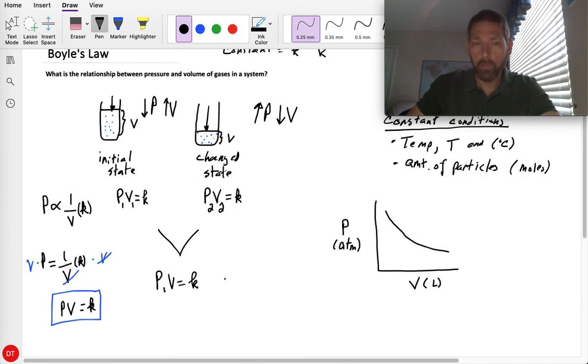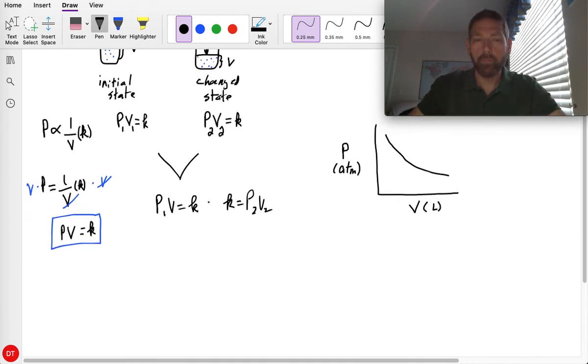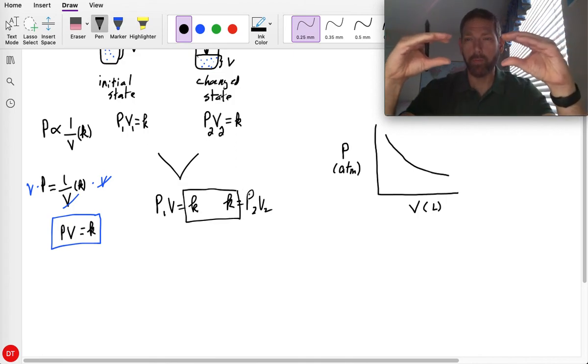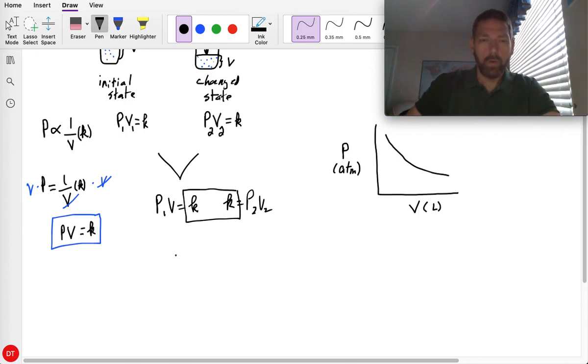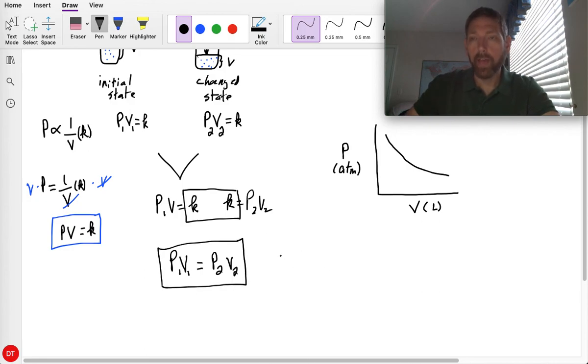Well, we also have over here K equals pressure times volume, but it's the new system. These two things are the exact same variable. So if you take those two equations and bring them together, we basically have the initial equals the final. And this right here is how we tend to view Boyle's law.